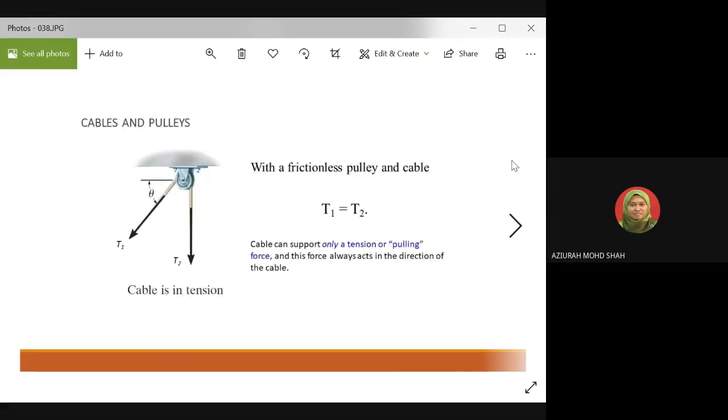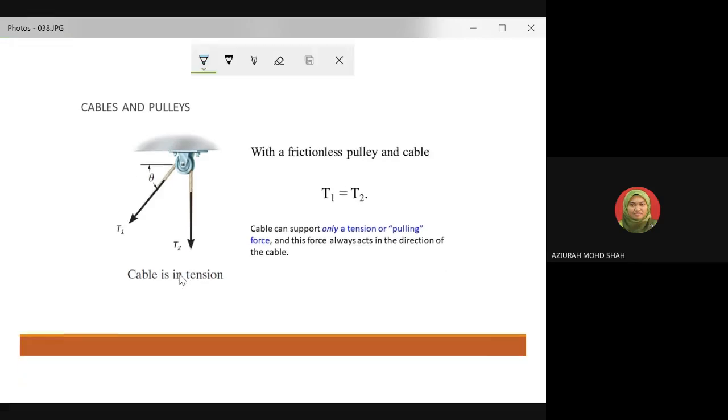Okay. One more thing you have to know when we draw FBD: if it involves cables and pulley, the force is similar. Like this, T1 is actually equal to T2.